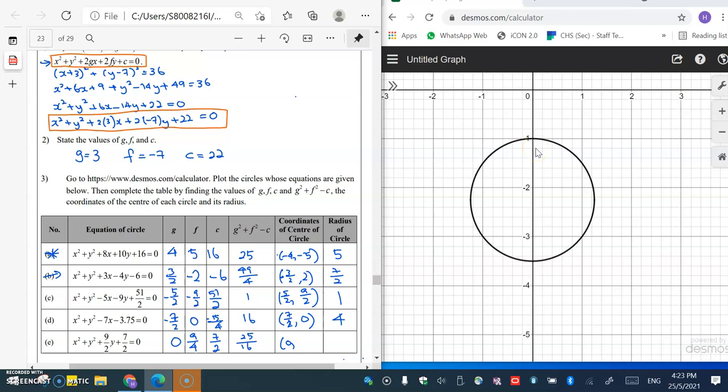If I take 3.5 minus 1 and then divide by 2, the center of the circle falls at negative 2.25. And if I measure and count the number of squares, we can see that the radius is actually 1.25 units.